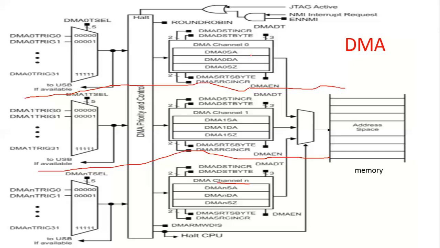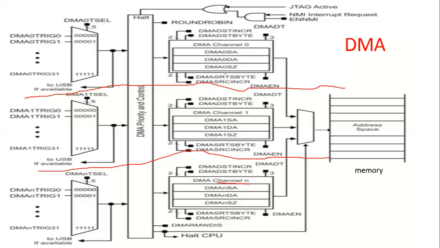And channel 0, channel 1, channel 3 are all cut and paste, same blocks. That's why I'll draw a line. Here you can learn only channel 0, then the same thing you can cut and paste.